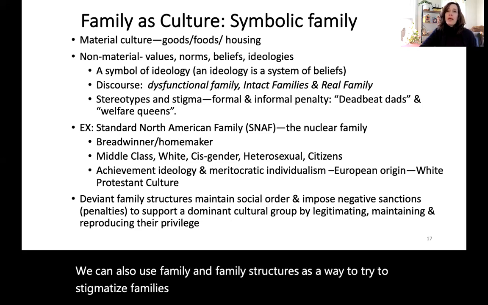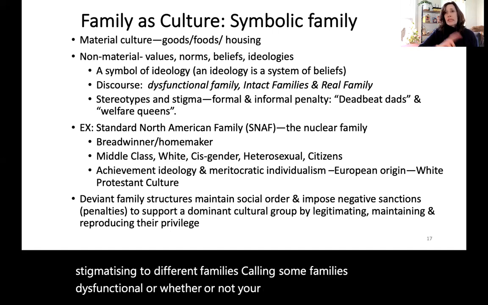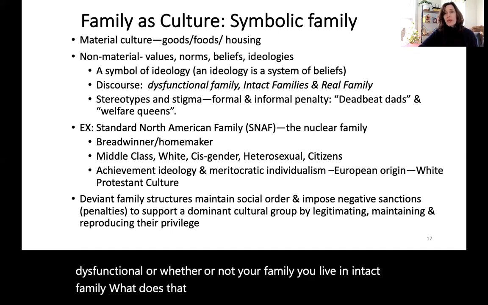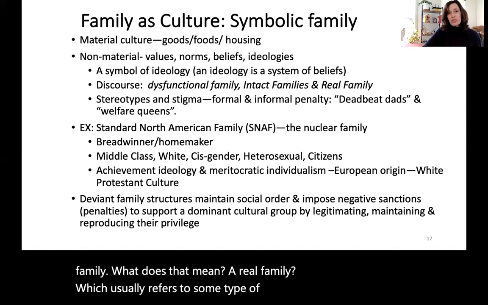We also use language that can be very stigmatizing to different families, calling some families dysfunctional, or asking whether or not you live in an intact family. What does that mean? A real family, which usually refers to some type of biological connection.